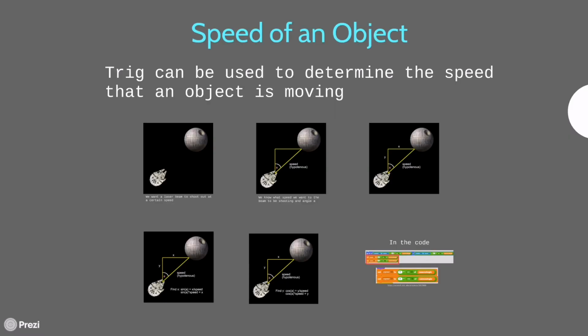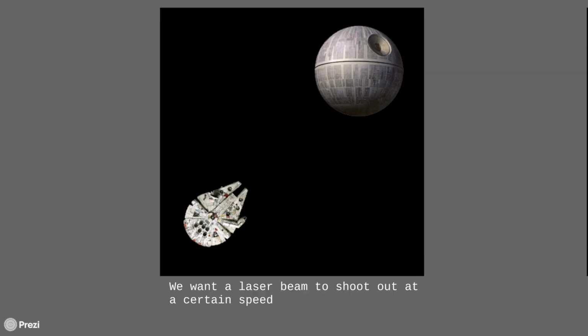Trigonometry can be used to determine the speed that an object is moving. For example, we want a laser beam to shoot out at a certain speed.